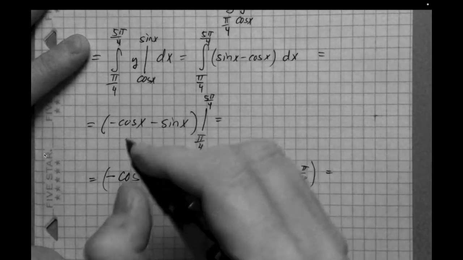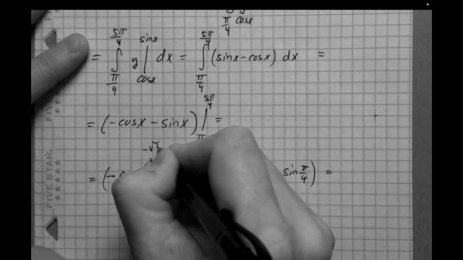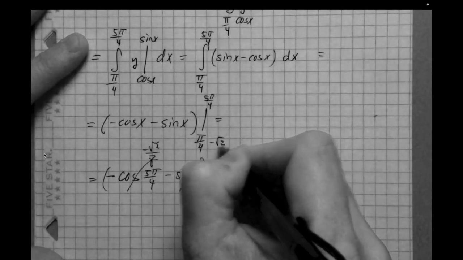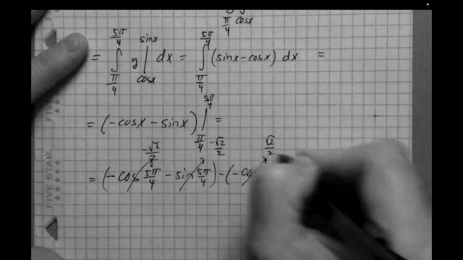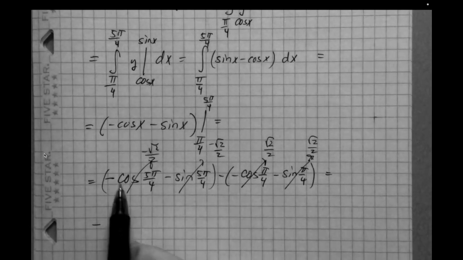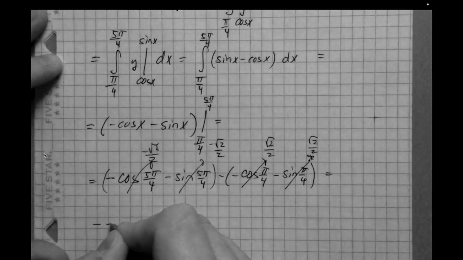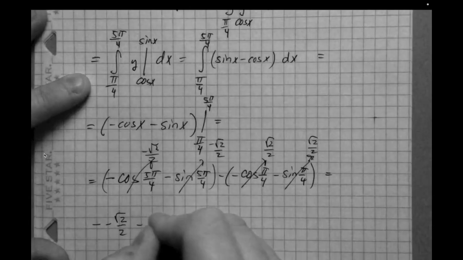So this guy here is negative square root of 2 over 2. The sine is also negative square root of 2 over 2. Cos pi over 4 is square root of 2 over 2. And sine of pi over 4 is square root of 2 over 2. So rewriting this, this will be a negative square root of 2 over 2, minus a negative square root of 2 over 2.